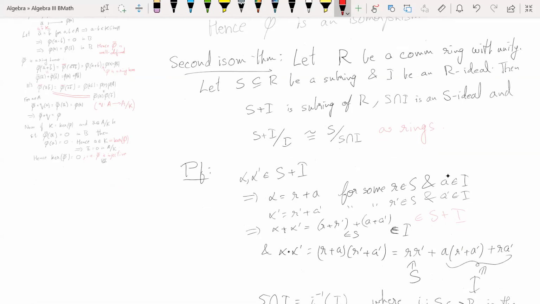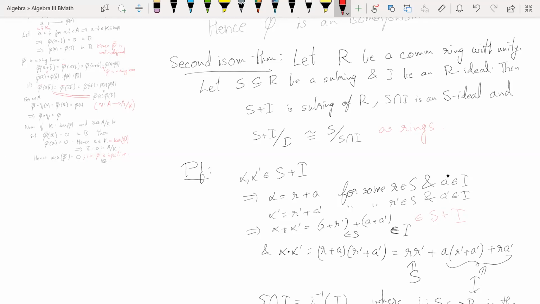Then you expand it: r times r prime you have done, then a times the remaining part, a times r prime plus a prime, and then you have r times a prime, which is missing. The remaining three terms are of course in I, because I is an ideal.